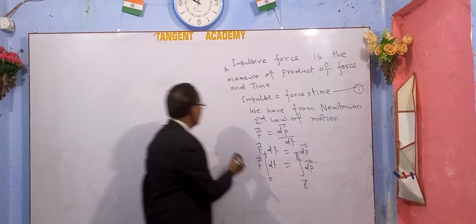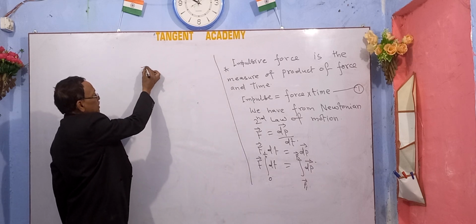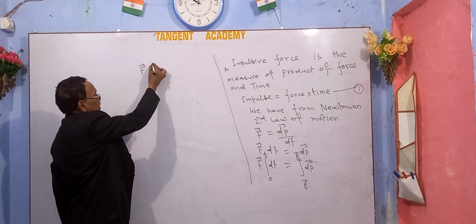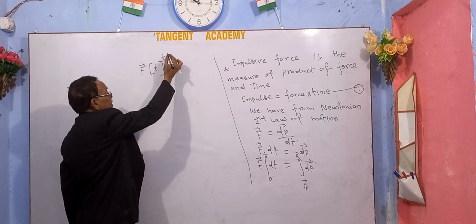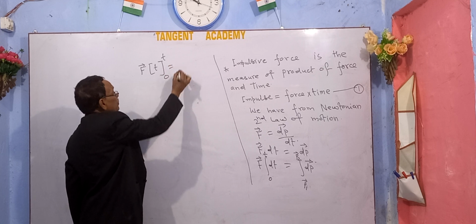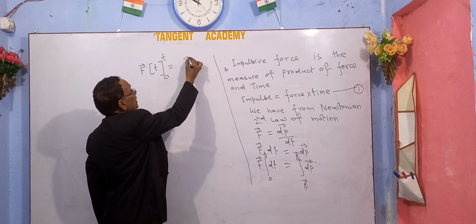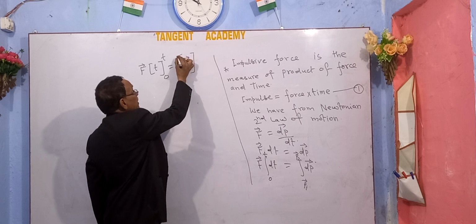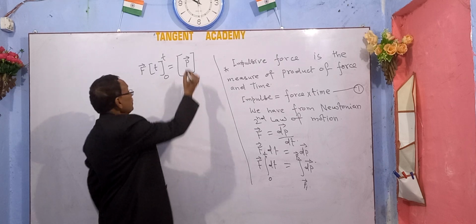So after integration we get F t under the limits t to 0, and p means momentum. The integral of dp is p. The integral of dt is t.